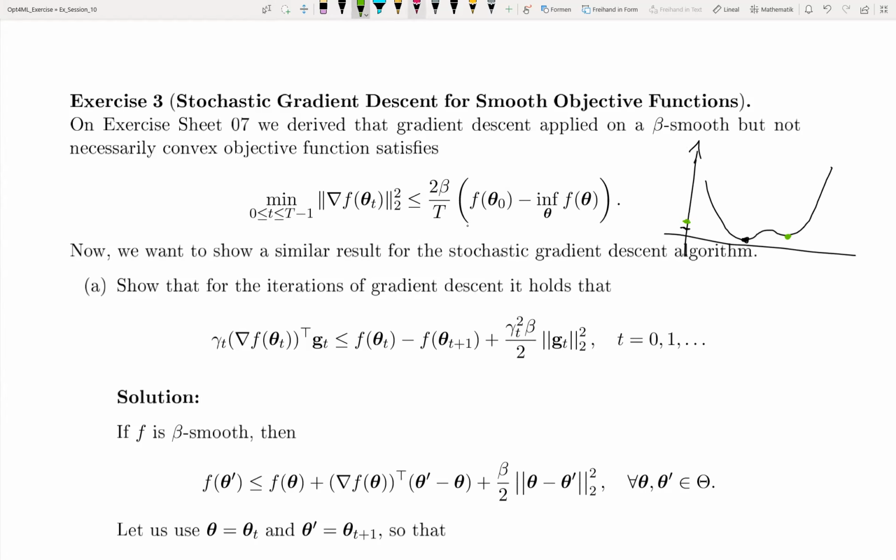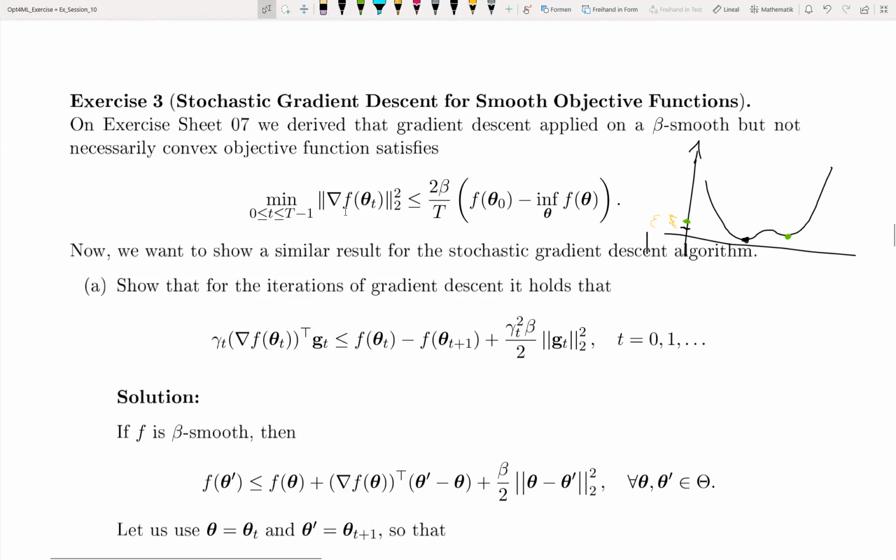If the distance on the y-axis, so to speak, if this distance here is not that large, so it's only an epsilon, then the local minimum would be also fine for our purposes, perhaps. So we not necessarily need always to have the global minimum. Of course, it's the best we can get, but sometimes a local minimum is also quite fine.